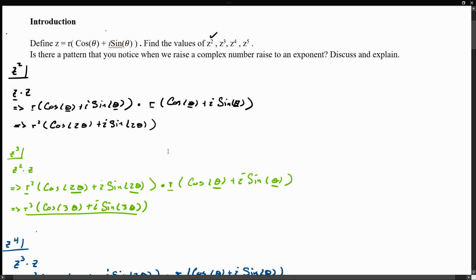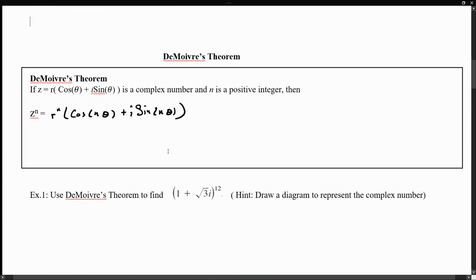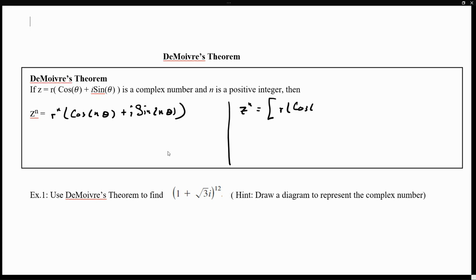So let's actually apply this in a problem. Well, before we apply this on the following problem, notice that z to the n can also be seen as r cosine theta plus i sine theta, all to the n.